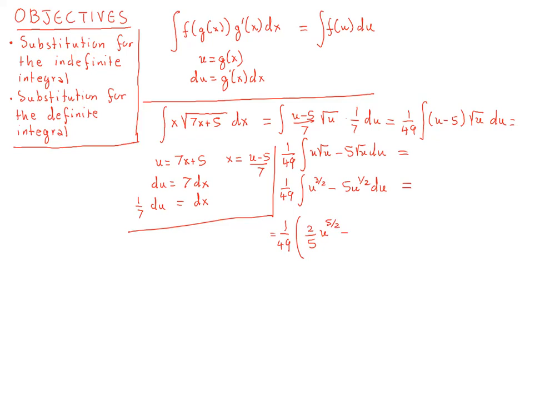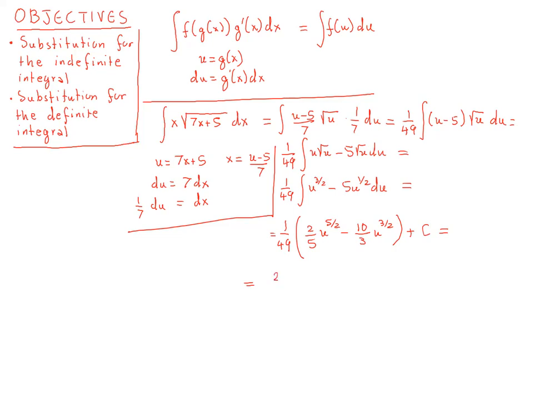And same thing for this one. So we have u to the 3 halves divided by 3 halves. That's the same thing as multiplying by 2/3. So this is going to be minus 10/3 u to the 3 halves plus c. I'm not sure that it makes a big difference if we multiply out. We can just do it. So 5 times 49 is 245.